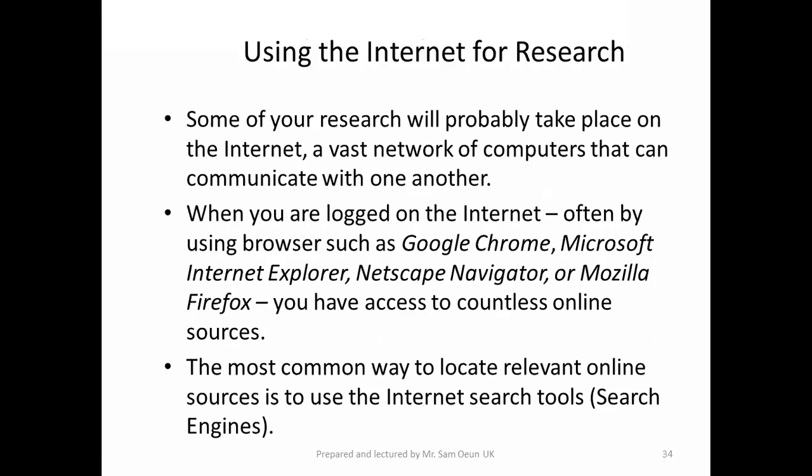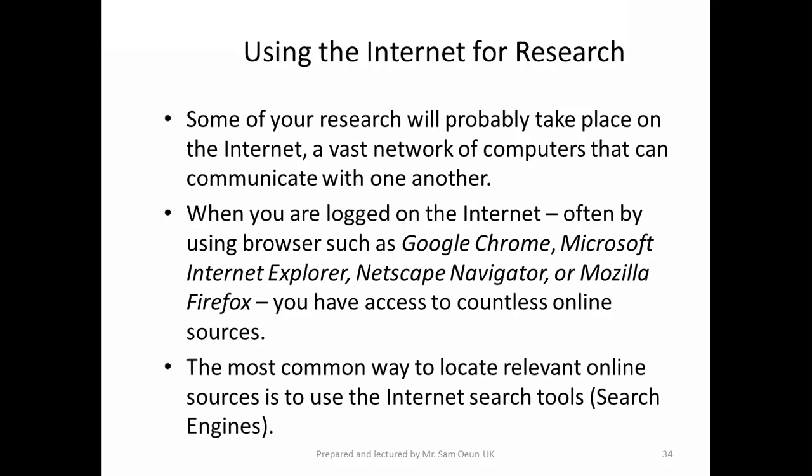Using the internet, some of your research will probably take place on the internet, a vast network of computers that can communicate with one another. When you are logged on to the internet, often by using a browser such as Google Chrome or Microsoft Internet Explorer, this one you know already. The most common way to locate relevant online sources is to use an internet search tool, a search engine.